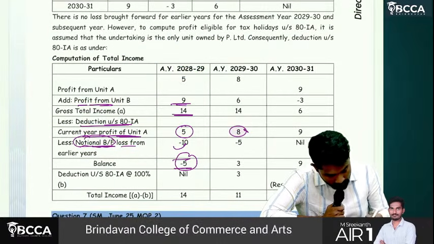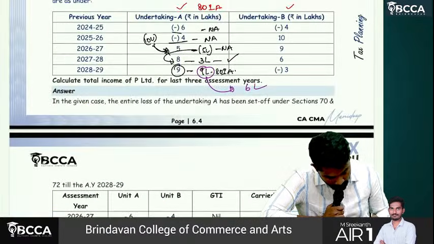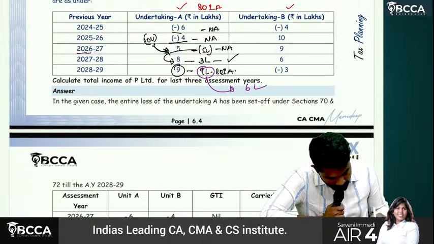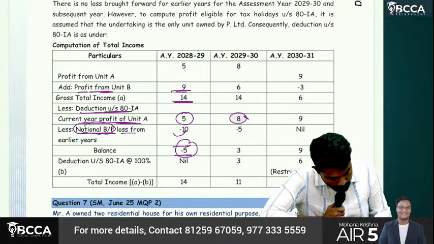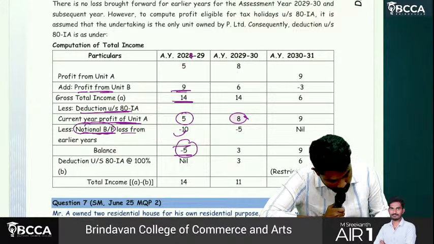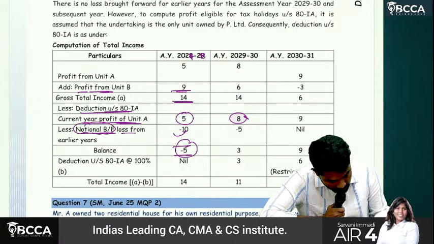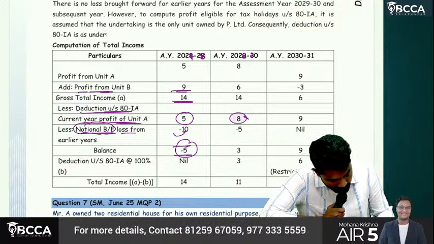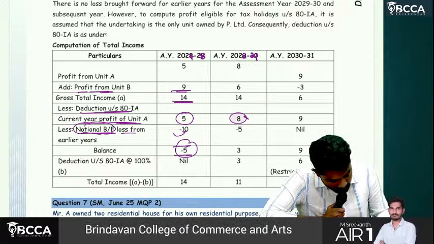Sir, correct this assessment year. Here previous year 26-27 is the first year, right? So it would be assessment year 27-28. Then it would be assessment year 28-29. Then it would be assessment year 29-30.